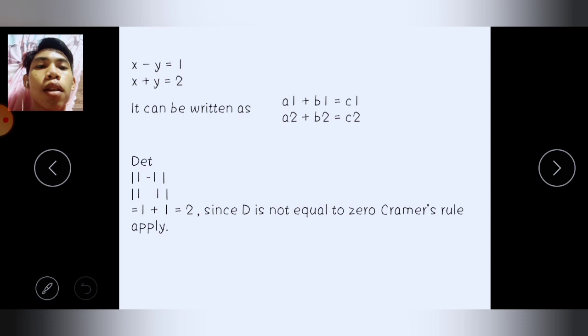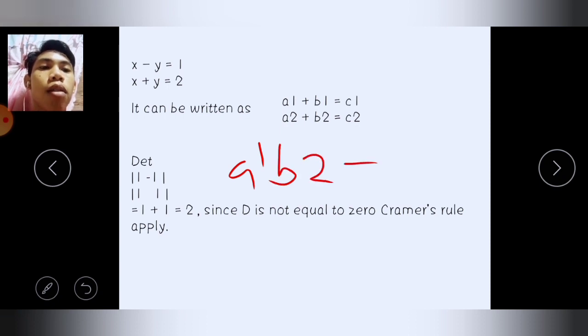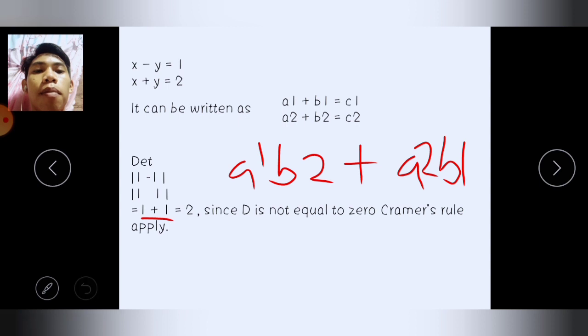But in the formula for getting the determinant, we have a1 times b2 minus a2 times b1. So since our 1 is negative, negative times negative is equal to positive, so it becomes positive.